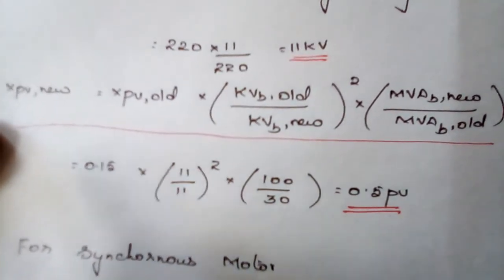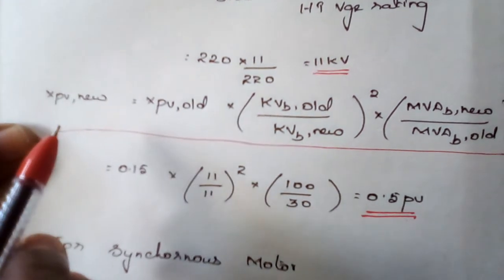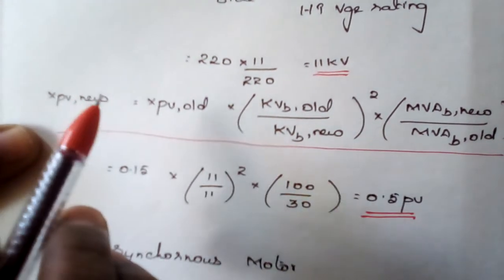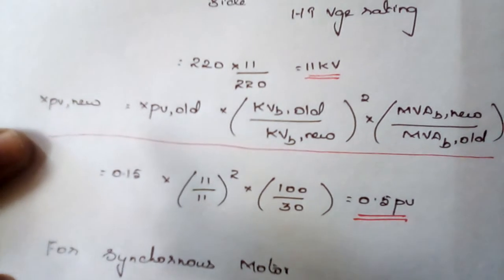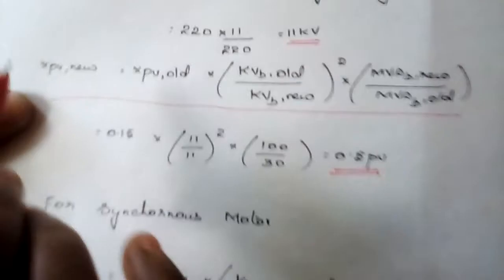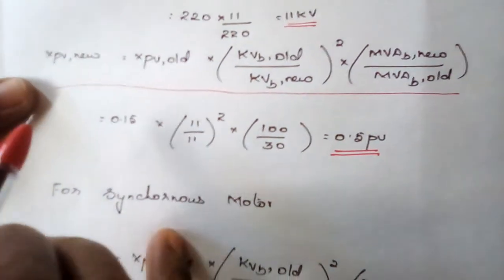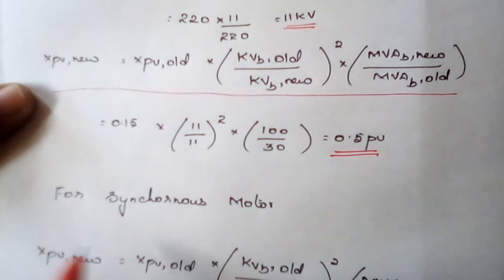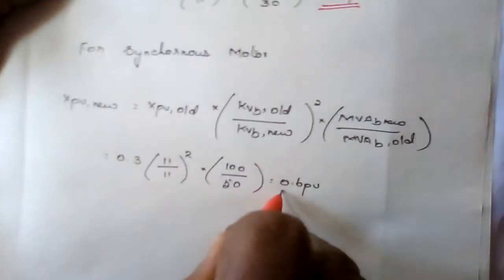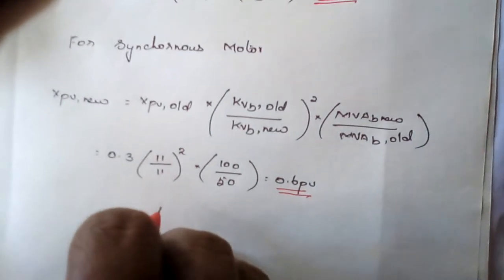If not, multiply the given per unit values by MVA divided by kV square, if there is no change in the kV or MVA value. And next, the synchronous motor. The synchronous motor per unit value is given as 0.6 per unit, right?